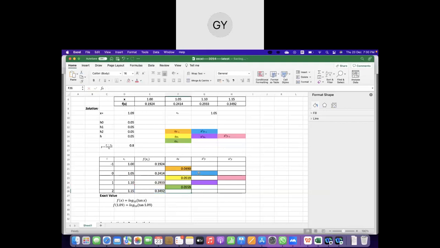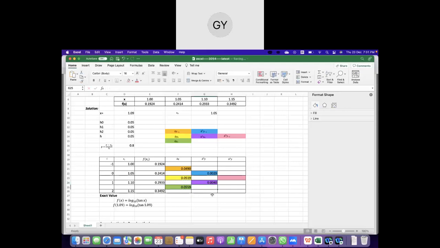After the first DD, we continue with the second DD. The second DD -1, which is blue color, is equal to yellow color minus the orange color, which is 0.0029. Then we continue to find the value of second DD 0, which is equal to green minus the yellow.